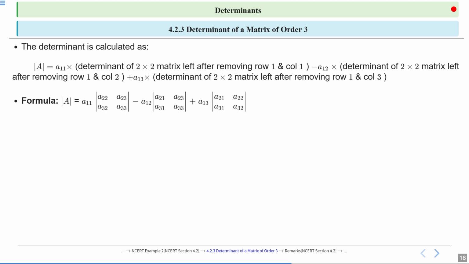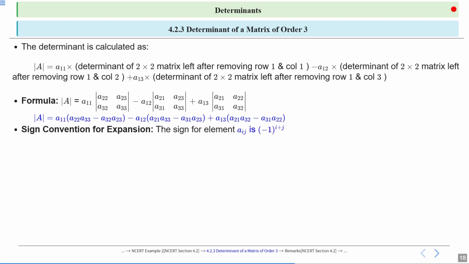So formula for determinant is first element a11 into determinant of the matrix obtained after removing row 1 and column 1, minus a12 into the determinant of a21, a23, a31, a33, plus a13 into the determinant of a21, a22, a31, a32. Okay. Just expand and using the property of determinant of 2 cross 2 matrix, we find the formula for calculating determinant of 3 cross 3.